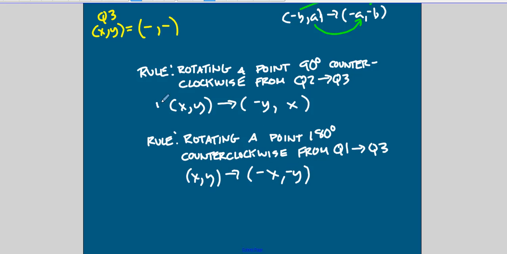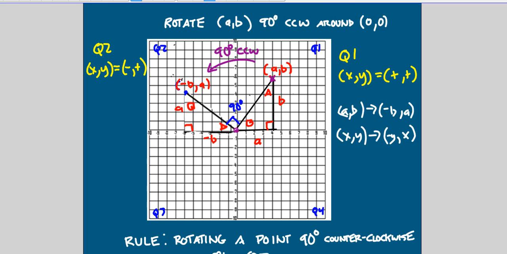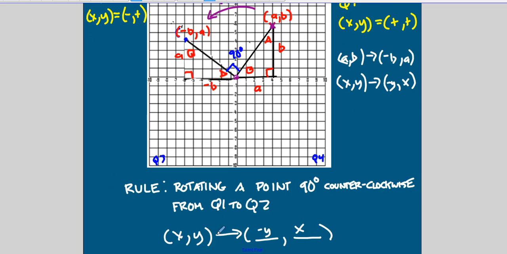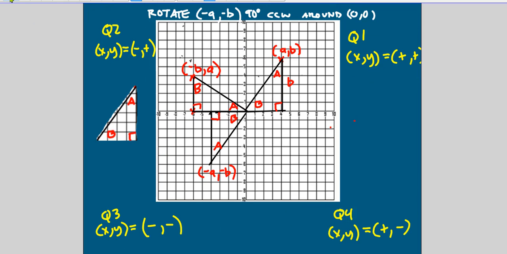Now notice this 90-degree counterclockwise rotation is the same as what we got when we went from quadrant 1 to quadrant 2. It's the same thing when we go from quadrant 2 to quadrant 3, so the rule doesn't change.